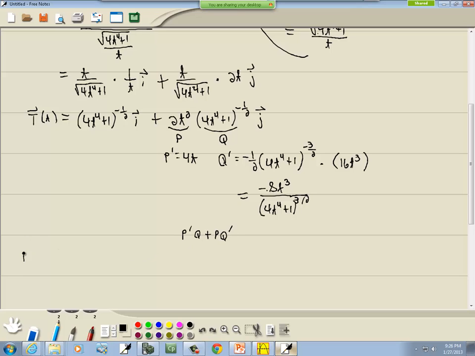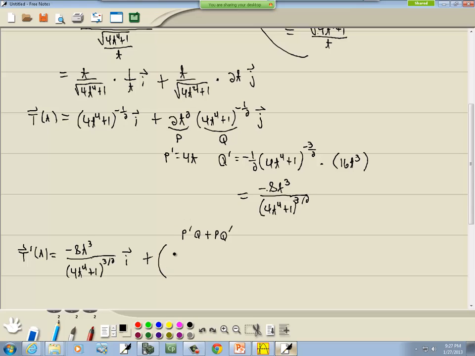So for our derivative, now this one right here, that's what we just found with q here. We took the power, put it in front, lowered it by 1, multiplied times the derivative of what's inside. So I can steal this. This is going to be negative 8t to the third over 4t to the fourth plus 1 to the 3/2 power i plus p prime.